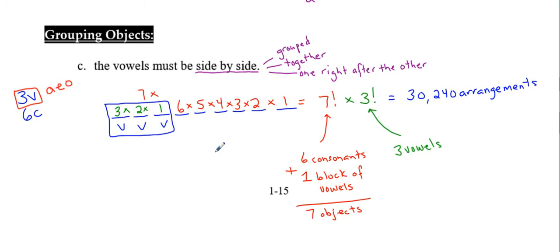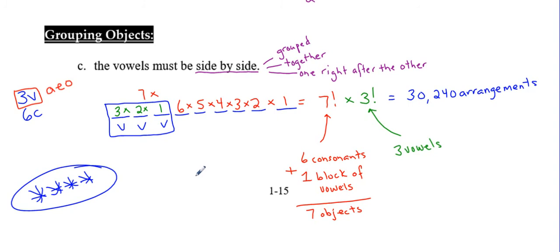So please make note of this because this question you will see often. So this is definitely a question that you want to study for. Doesn't have to be vowels. It could be you're arranging textbooks and the 3 math books have to be side by side, or you could be arranging the 9 players of a baseball team and the 6 infielders have to bat one right after the other.